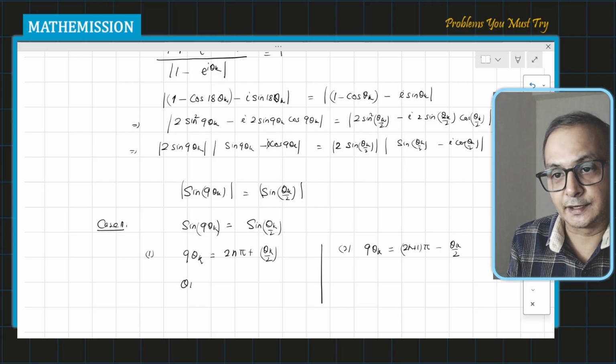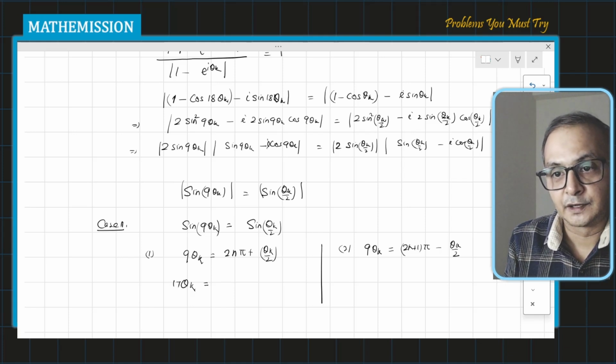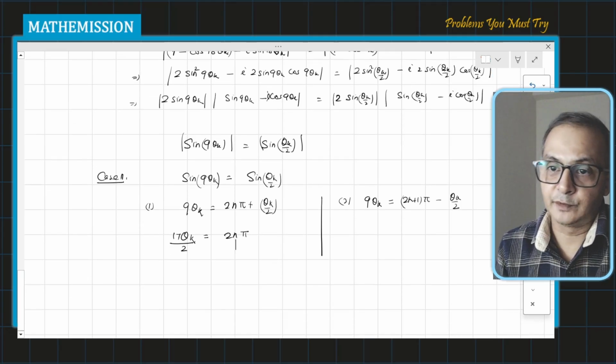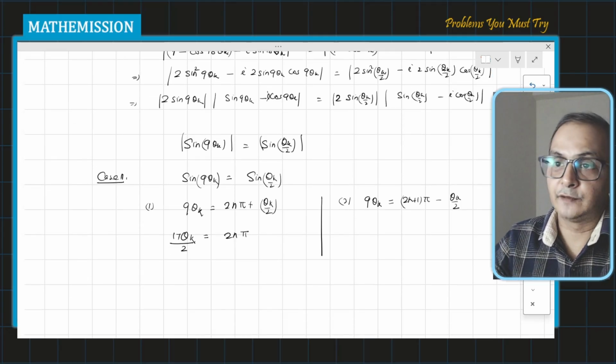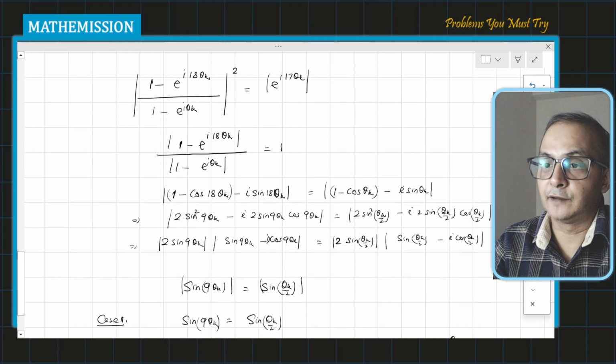So what you get for theta k in this case is, you notice 9 plus 1/2 minus... 18 minus 1 is 17 theta k by 2, and that is going to be 2n pi. And now it's time to substitute the theta k value I assumed earlier, that is 2 pi alpha k.